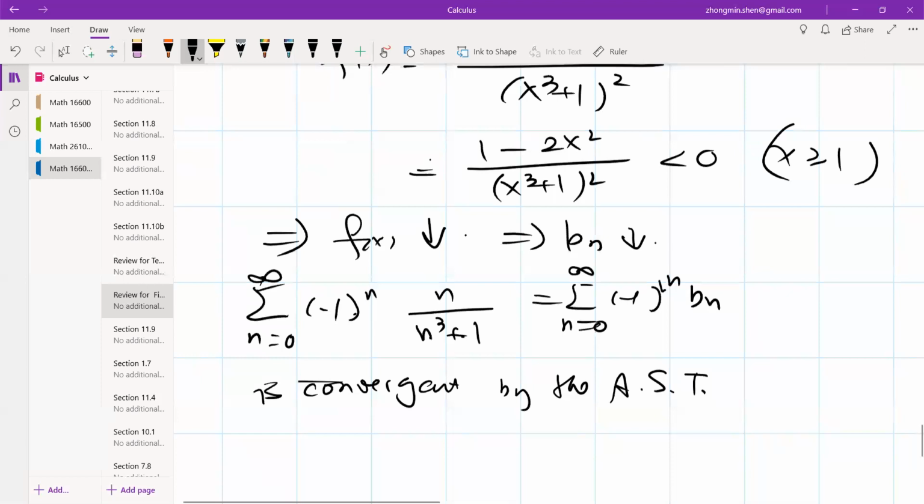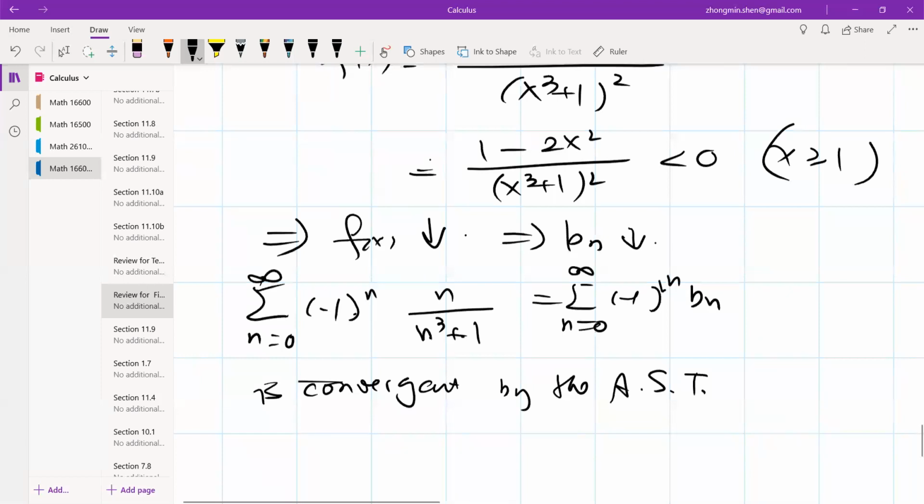But the ratio test is useful for determining the radius of convergence of power series. Why? Because x to the power n is the exponent, the power function there. So you can use the root test or ratio test, it doesn't matter. And again, this student used a ratio test.